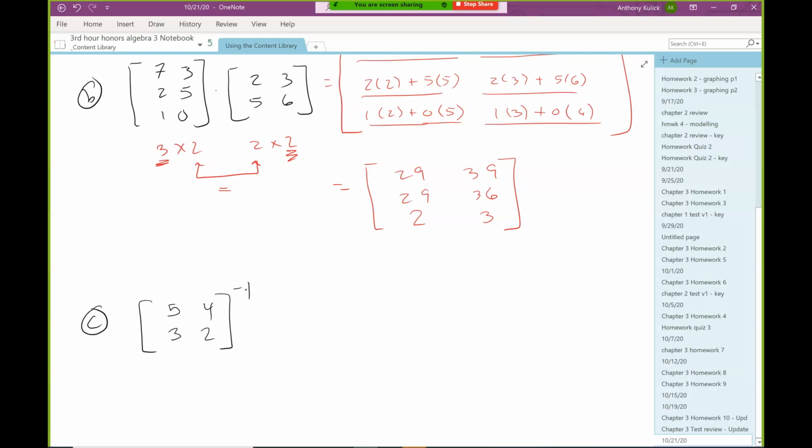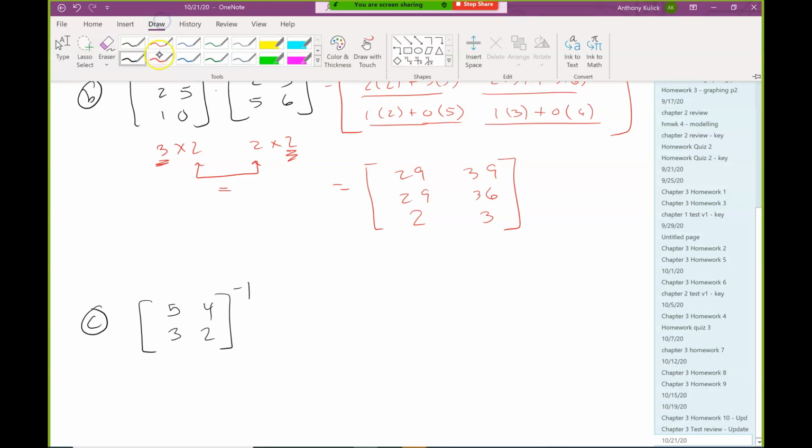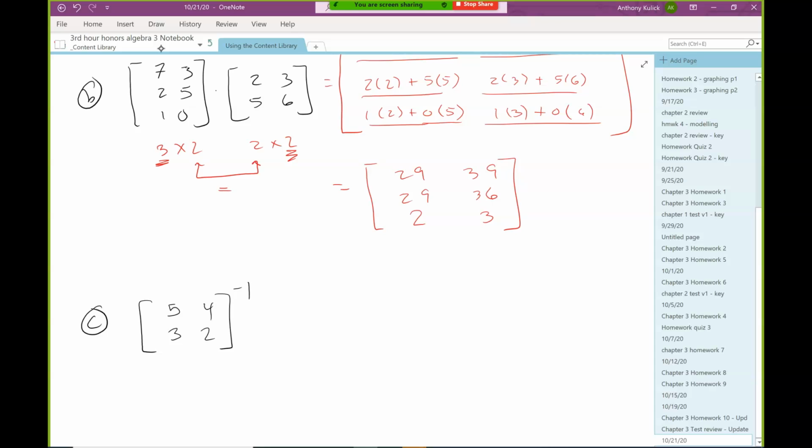So let's say we want to find the inverse matrix of 5, 4, 3, 2. There's two things we need to check to make sure that this is possible. The first thing is that it's a square matrix. Well, we got that part.